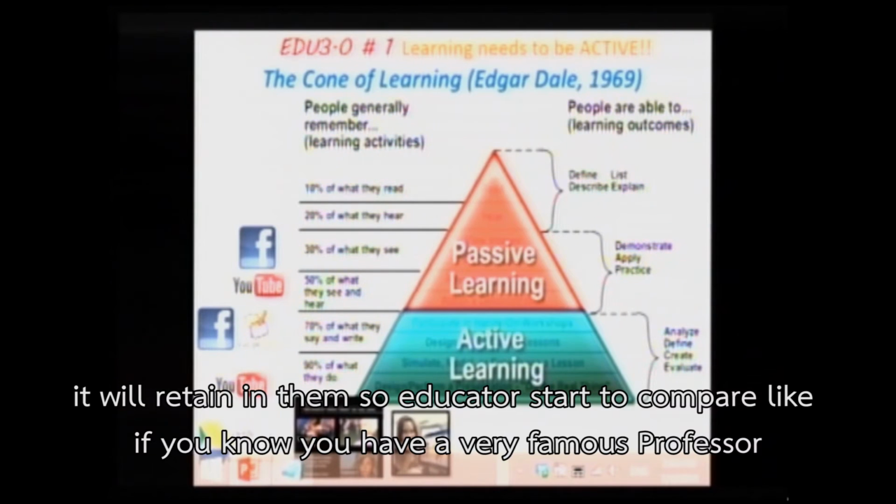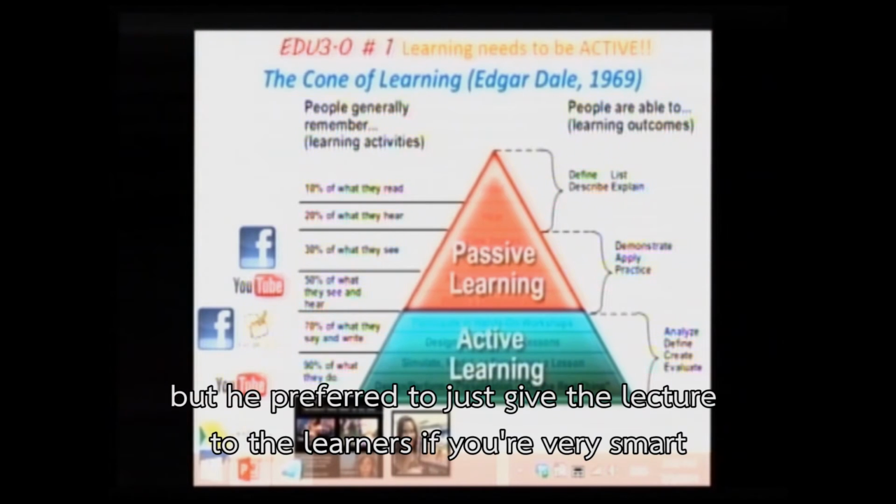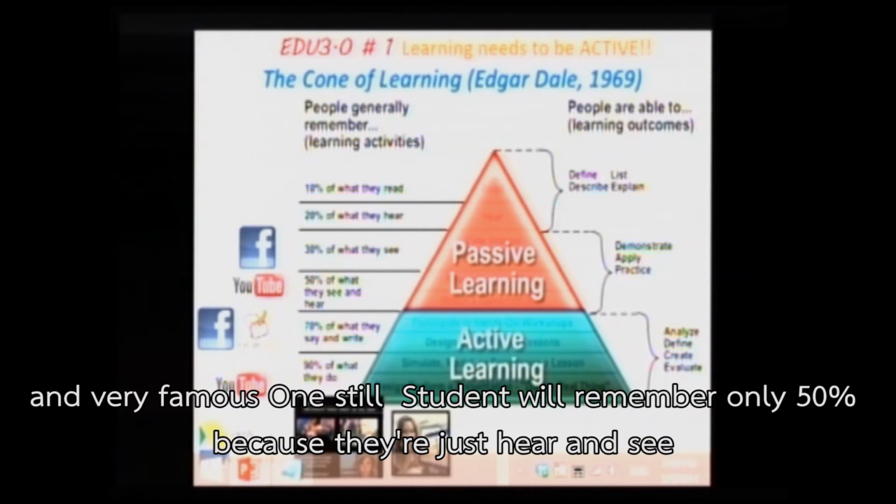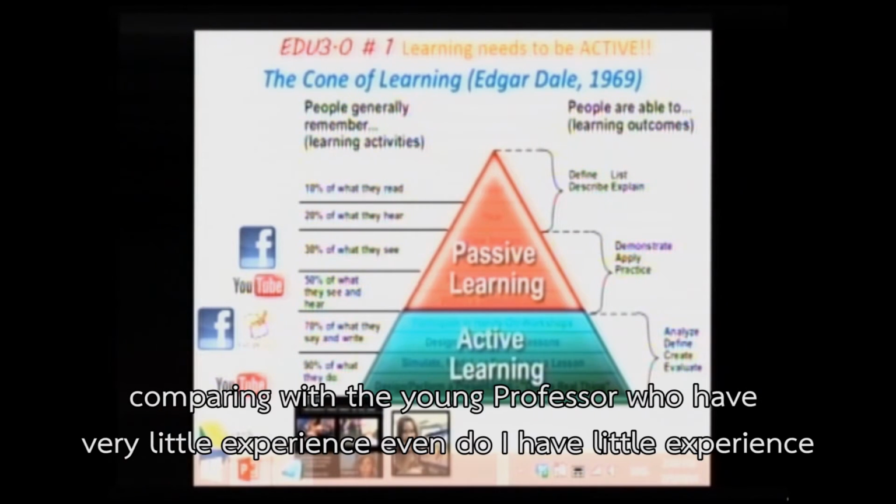So educators start to compare, like if you have a very famous professor, but he prefers to just give the lecture to the learners. Even if he is very smart and very famous, students will still remember only 50% because they just hear and see.